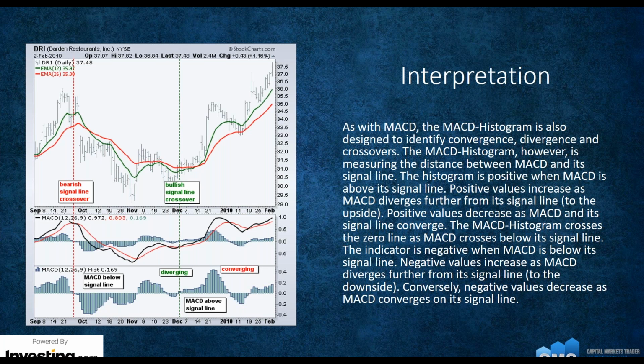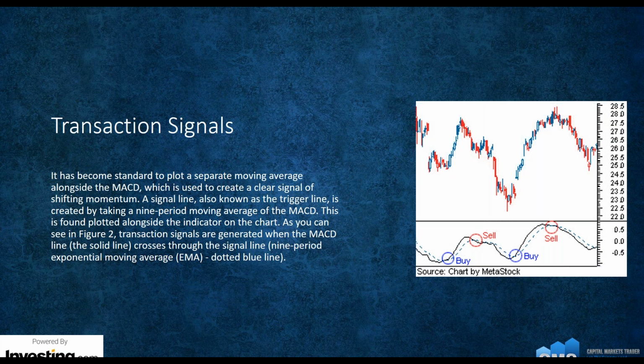So this is one of the key parts of MACD, and its transaction signals, trading signals, telling you to do something. It has become standard to plot a separate moving average alongside the MACD, which is used to create a clear signal line. That is our signal line.